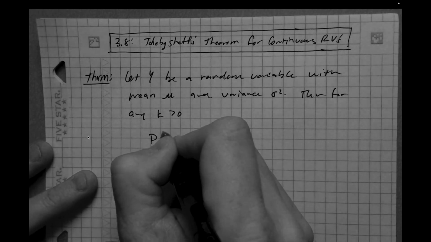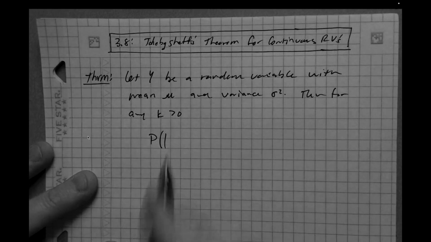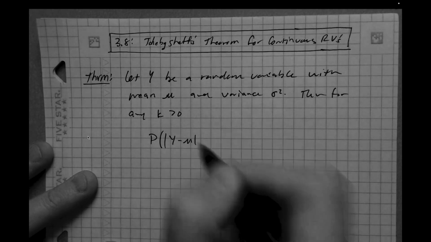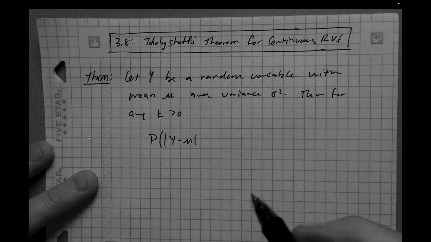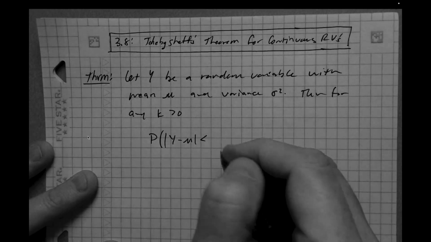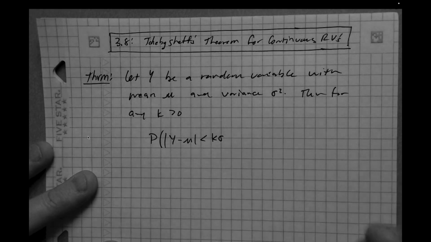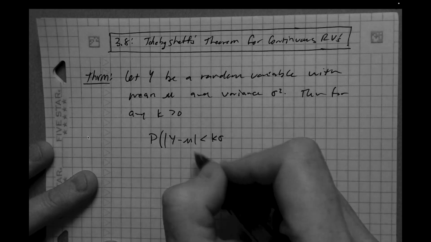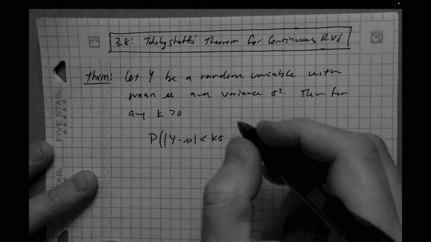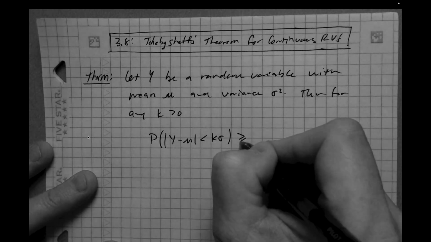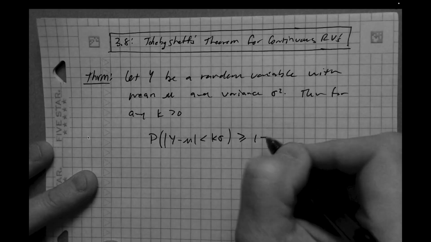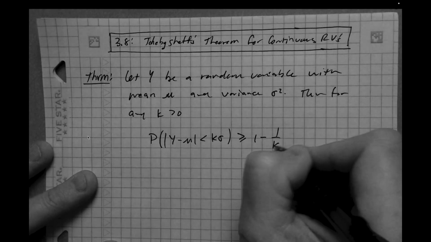There's different ways to say it. We'll start with this one: the probability that |Y minus mu|, the distance between the random variable and the mean, is less than k times sigma, so k standard deviations, is greater than or equal to 1 minus 1 over k squared.